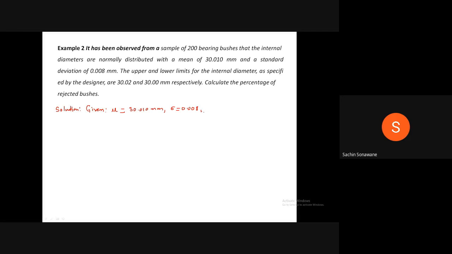Then they are given upper and lower limit, that is x1. Upper limit is x1, 30.02 mm. Lower limit x2, 30.00 mm.